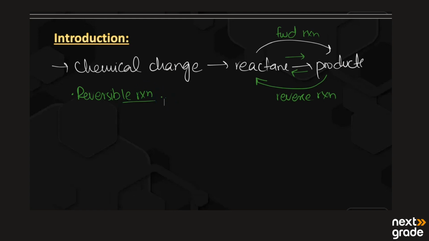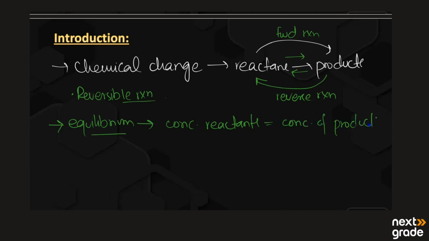The chemical reaction also has a unique type of equilibrium, where the concentration of the reactants becomes equal to the concentration of the products. We have a lot of examples in our daily life in which the concentration of reactants becomes equal to the concentration of the products.